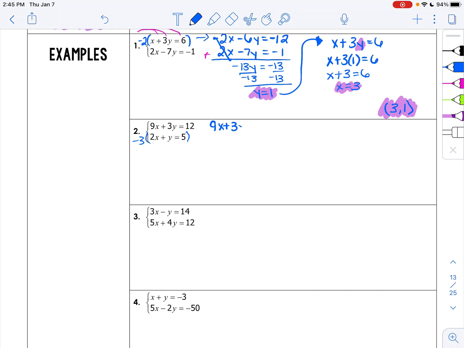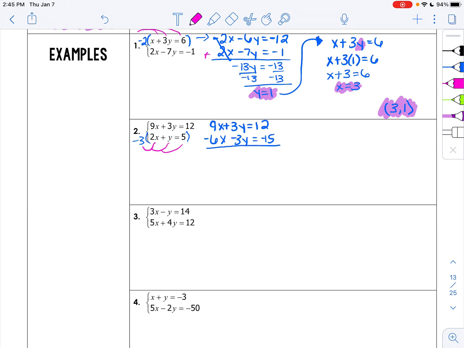9x plus 3y equals 12. But then when I distribute that negative 3 to the whole equation, I get negative 6x minus 3y equals negative 15. Make sure that you're multiplying by everything inside.